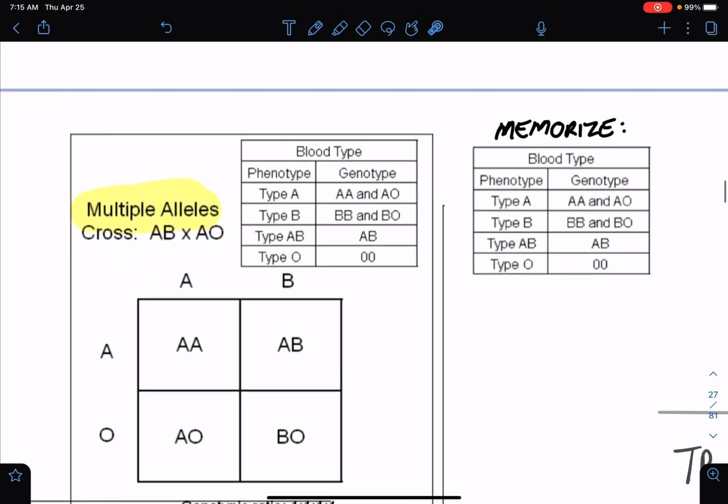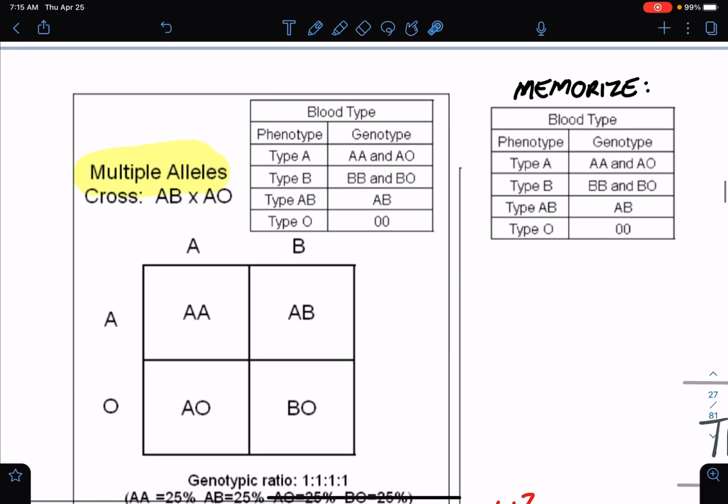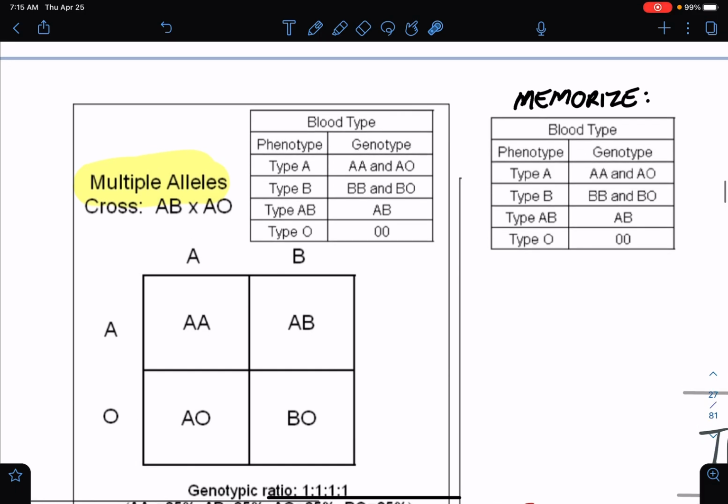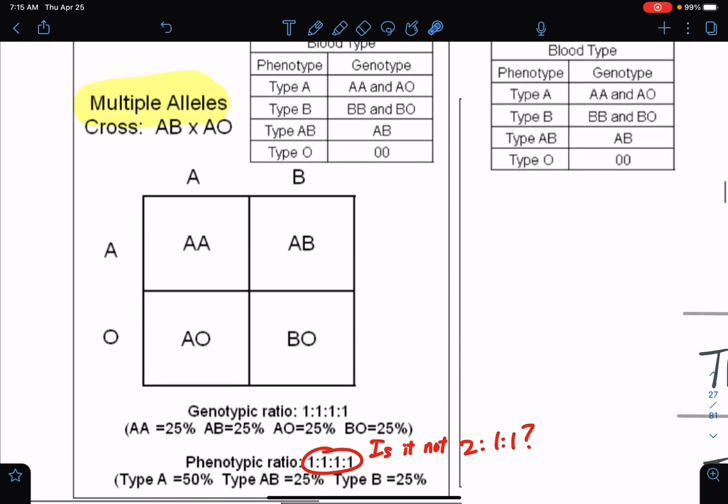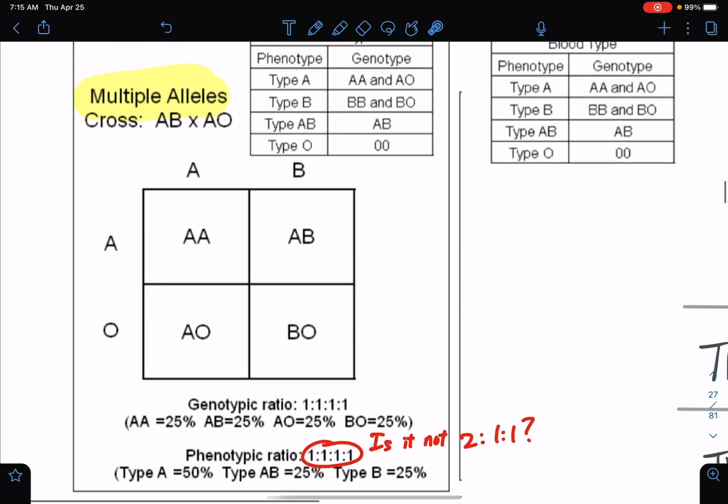Okay, so for example, let's cross two parents. One has AB and the other has AO. So we have AA, AB, AO, BO. Genotypic ratio: AA is 25%, meaning this offspring has blood type A. For AB, this offspring has blood type AB.